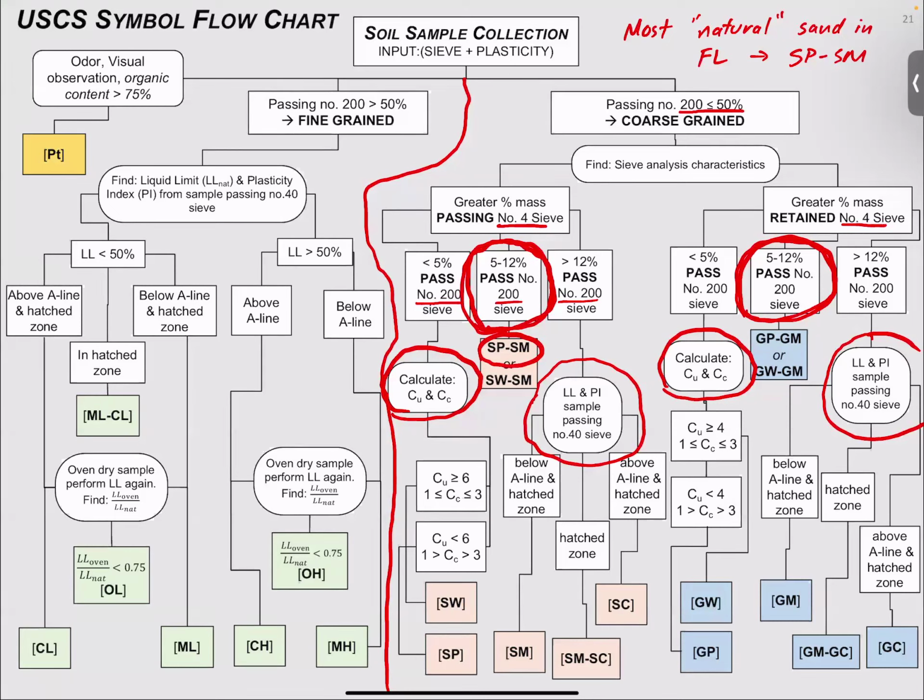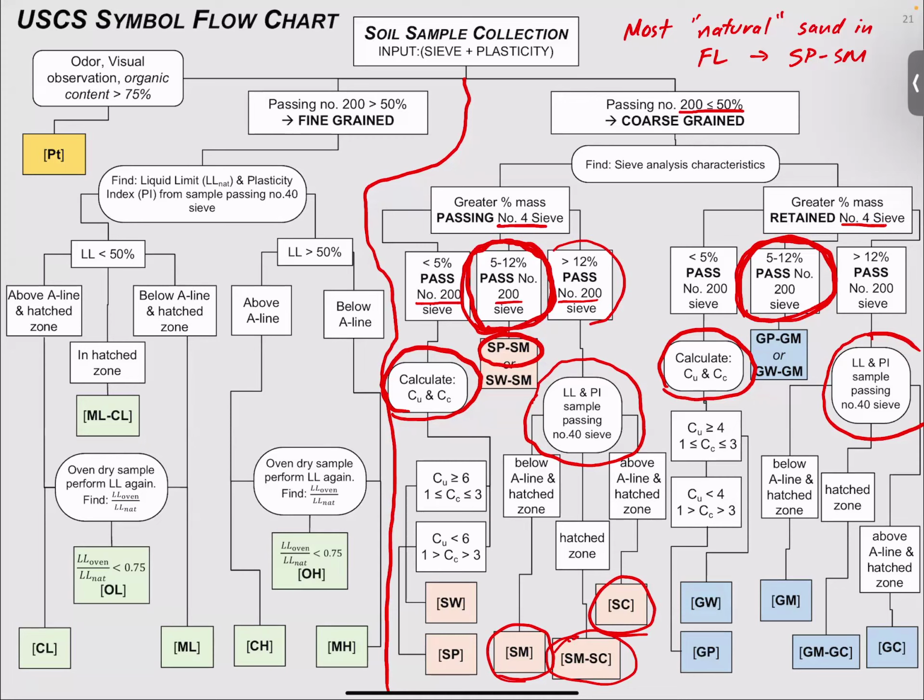If you have greater than 12% fines though, then that can either become an SM or an SC, or sometimes in that hatch zone. And these are kind of the tricky soils where they are primarily sandy, but also they behave like a clay in some instances.